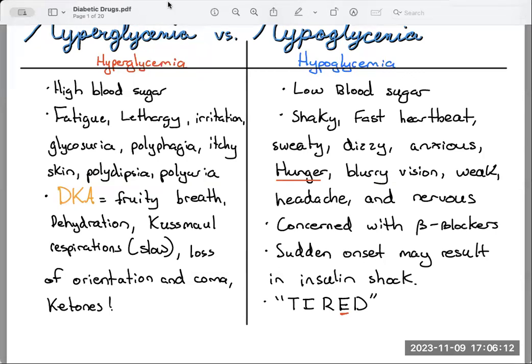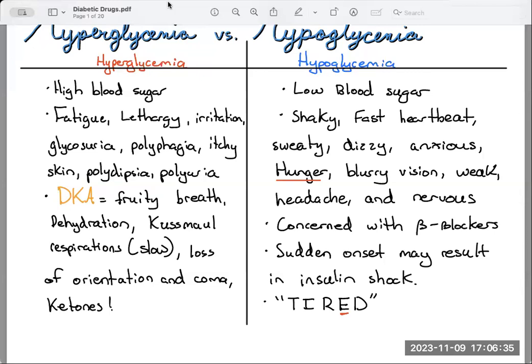You could also get something HHS, which is like hyperosmotic something syndrome, which is another form of really, really high blood sugar. But DKA we see in type 1 diabetes, and the other one you see characteristic in type 2 diabetes. This becomes really important in understanding that when we start talking about the medications.